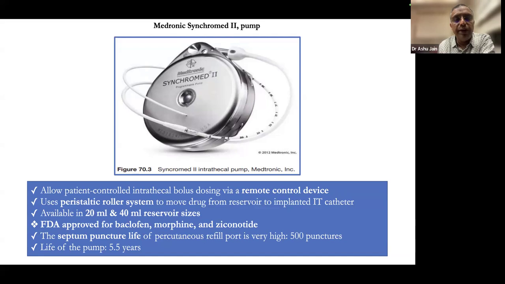Within around 5 years, the battery goes down, and we have to change the whole pump, barring the catheter. That costs almost the same amount, just 80,000 less. That is the biggest disadvantage, because we have to see affordability, that the patient should be willing to spend that much money.